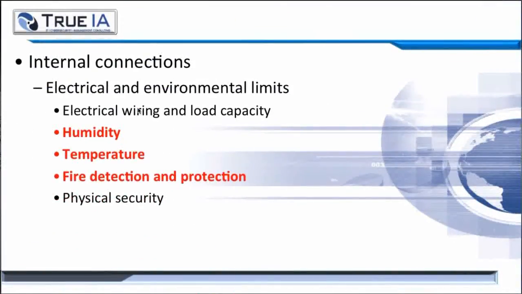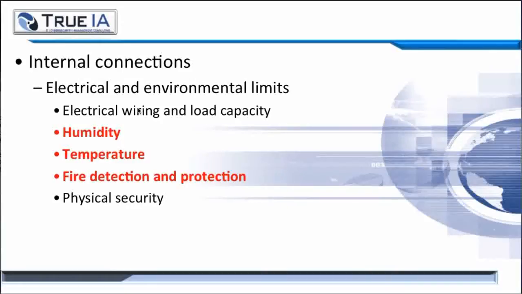Next, with electrical and environmental limits, again, you need to take into account your humidity and temperature requirements. A data center should be kept no warmer than roughly 68 to 72 degrees, and computers like cool, dry areas. High humidity would bring moisture.